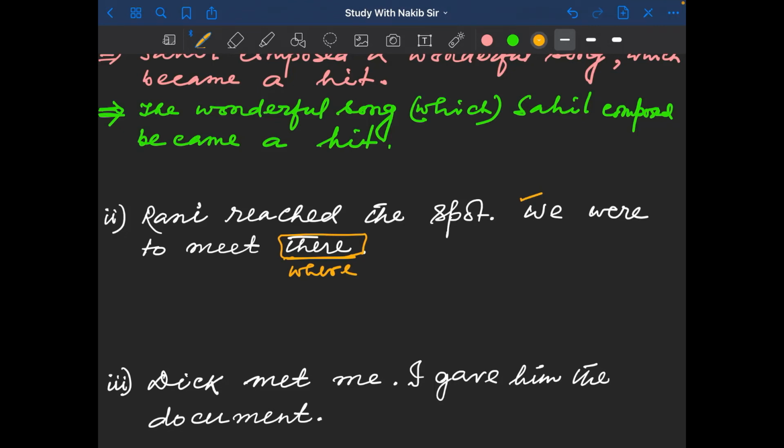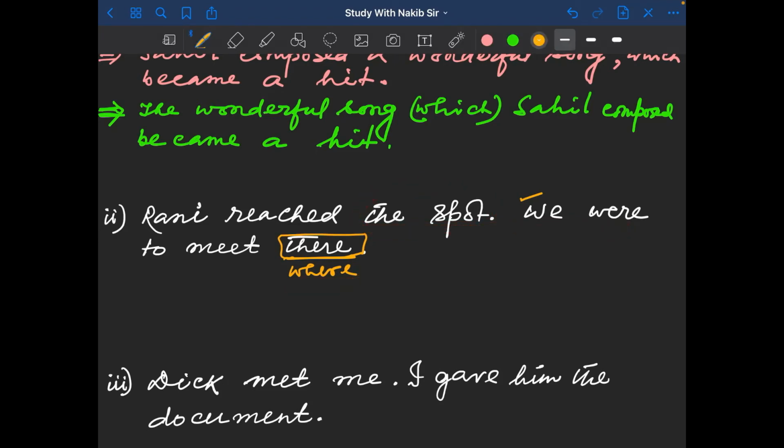So see now, Rani reached the spot. Naturally there is a question. Which spot? This is a noun and it is preceded by the definite article the. For this it is raising a question. The spot. Which spot? And the second sentence beginning with where now is the answer to this.